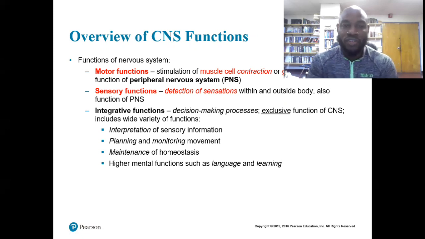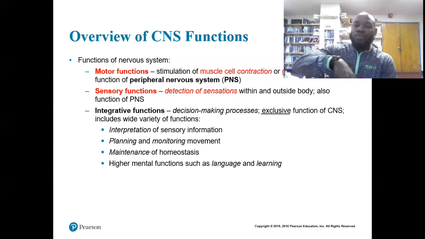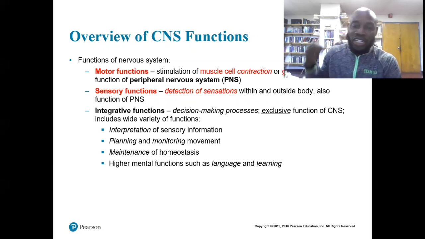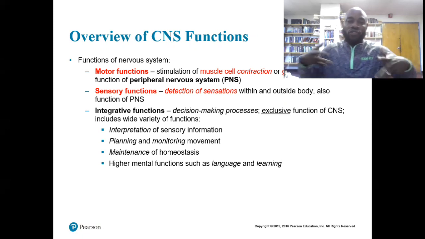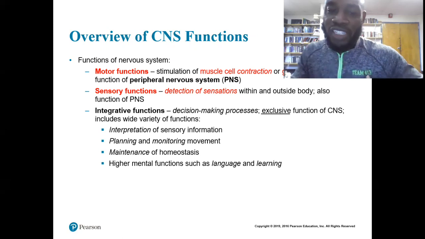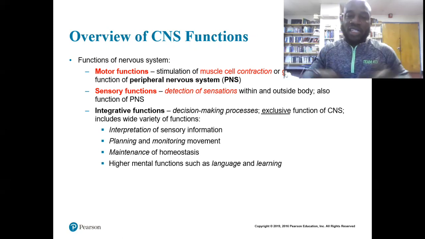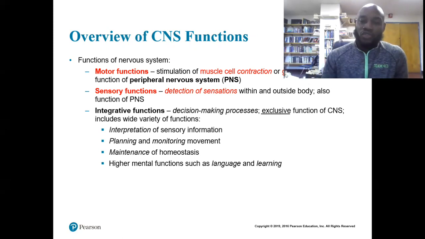Those are a function of the peripheral nervous system. Your sensory functions, detection of sensations, also a function of your peripheral nervous system, but they work in conjunction with your central nervous system. Because all of the peripheral nervous system, your motor and your sensory, sends information to be processed in your central nervous system.